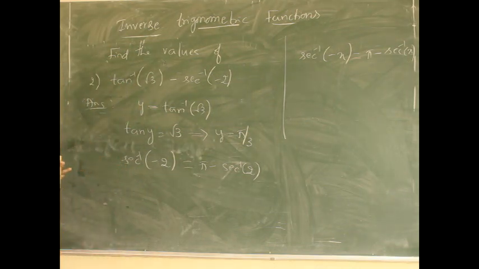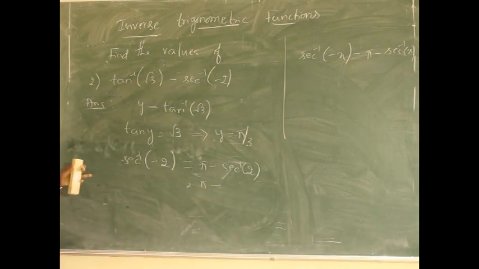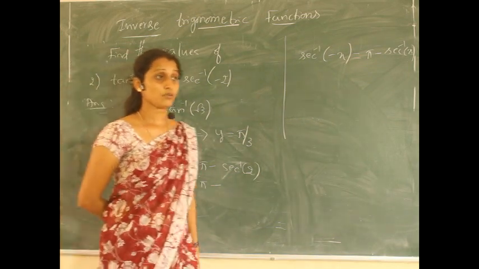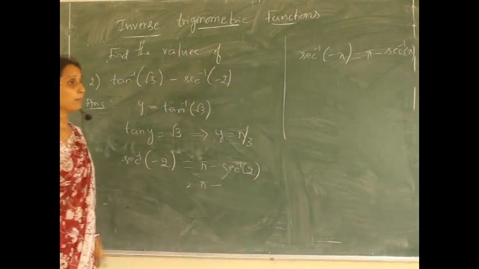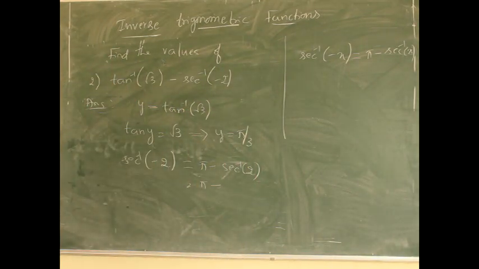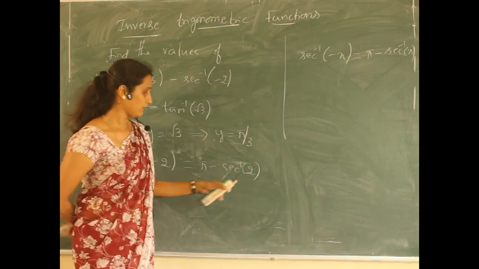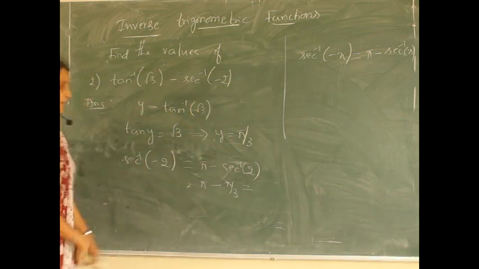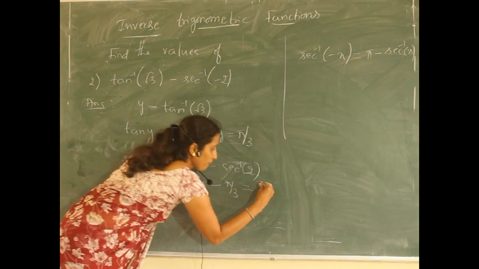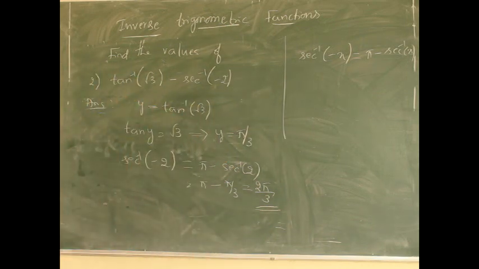When secant is 2, cos is 1 by 2, which is pi by 3, 60 degrees. So this is pi minus pi by 3, which is 2 pi by 3.